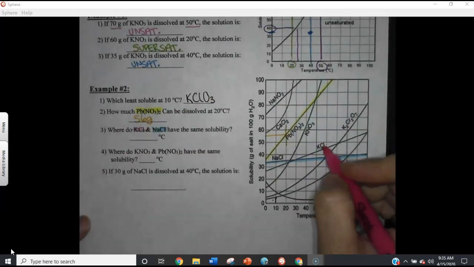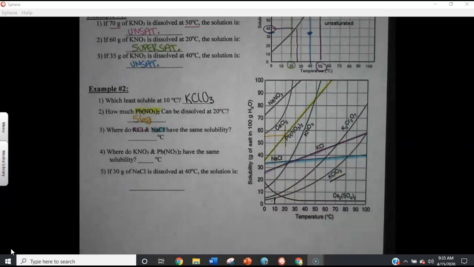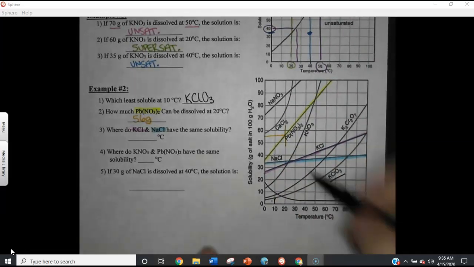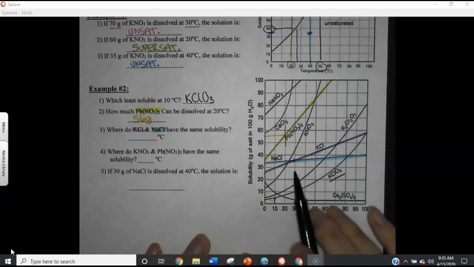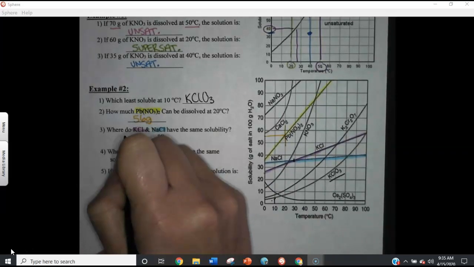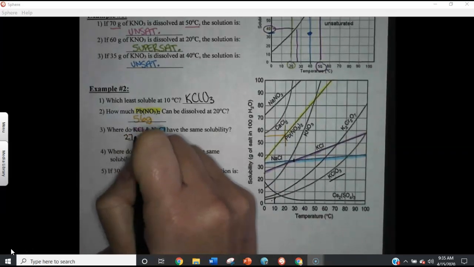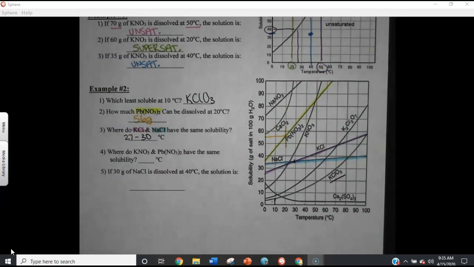Okay, KCl, I can see it right here. So I'm going to just go like that. That way my eye knows I'm just looking at those two. And where do they intersect? They intersect right there. It looks like maybe just in front of this line. So if you want to say anywhere really from like 27 to 30 degrees, any answer choice in that range would be fine. Probably closer to 29, but that's fine.